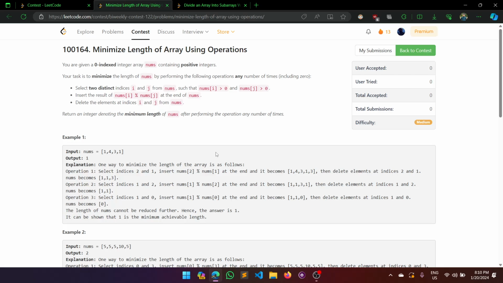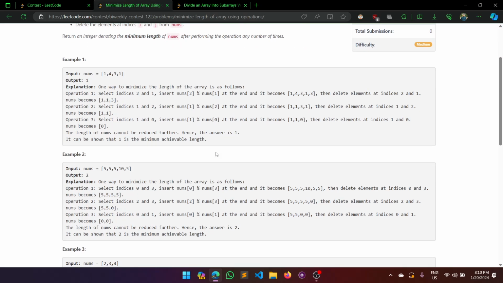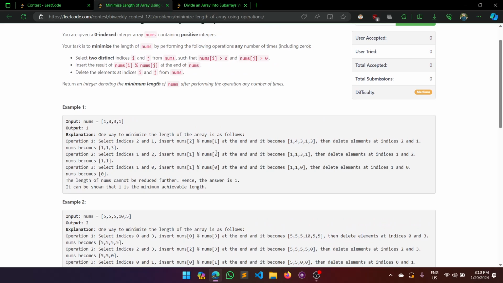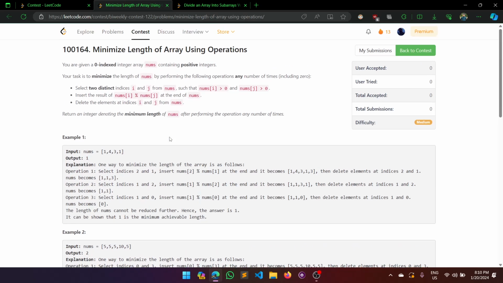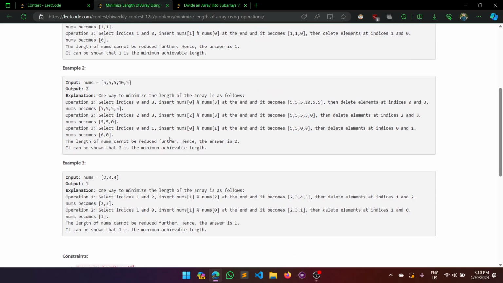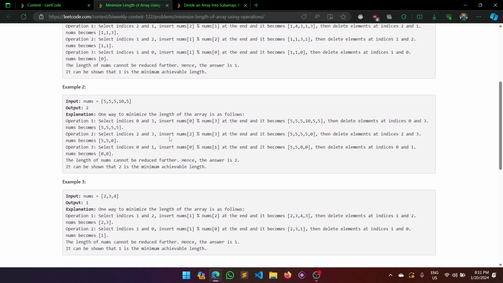Okay. We'll ignore the call. They have to be greater than 0. Then we want to avoid getting to 0, right?